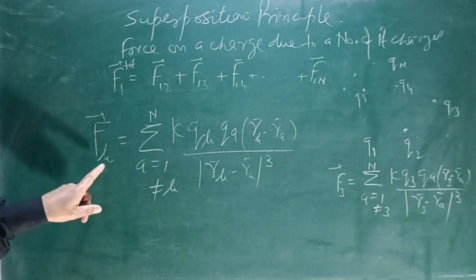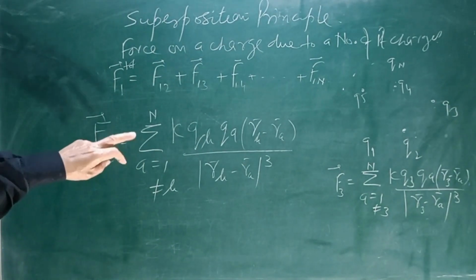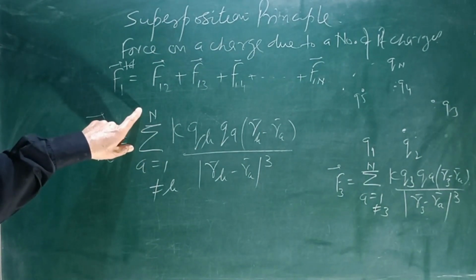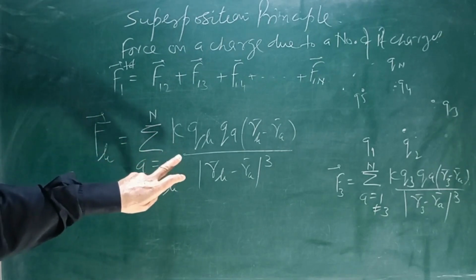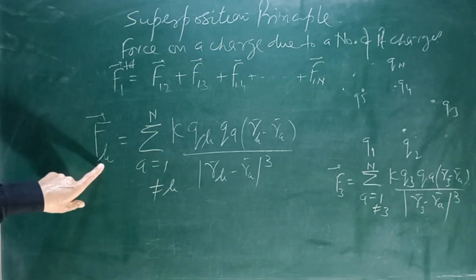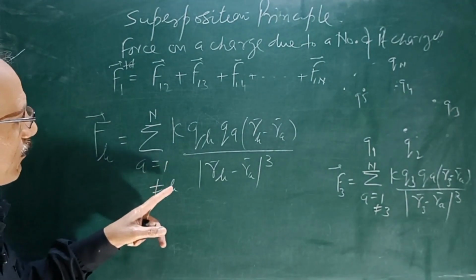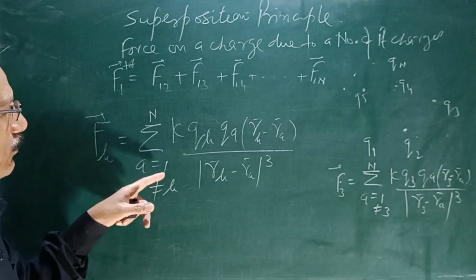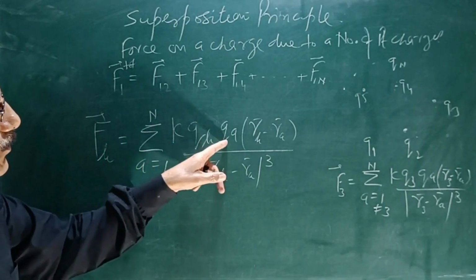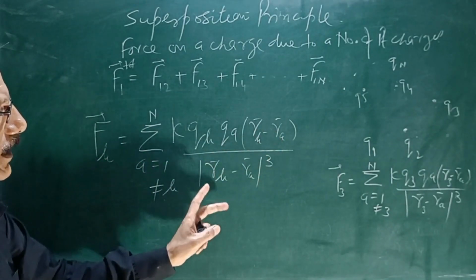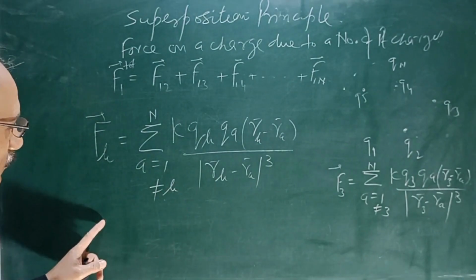Now just put B equal to 1, then you get A equals 1 to N but not equal to B, that means A cannot be 1, so it will be A equal to 2 to N: K Q1 Q_A R1 minus R_A over modulus of R1 minus R_A cubed.